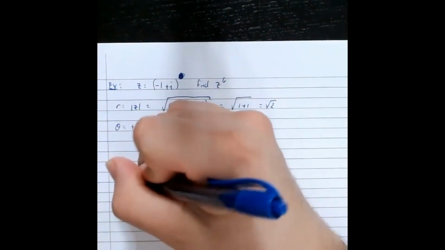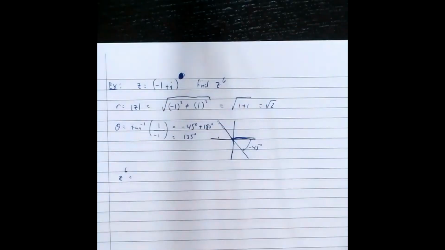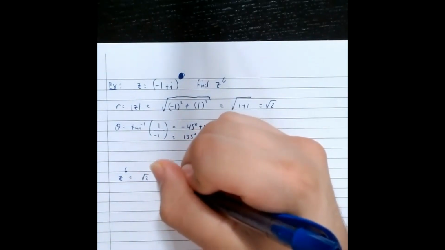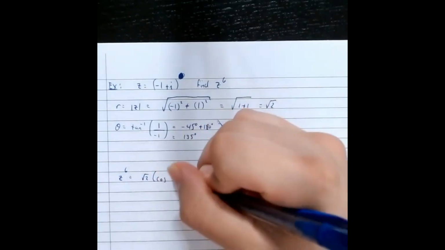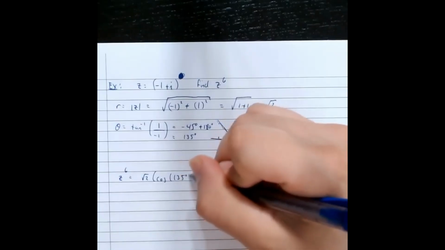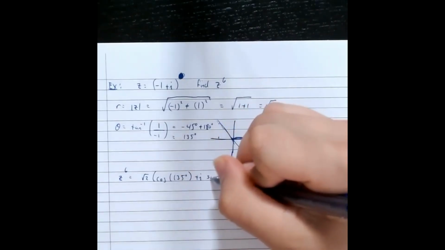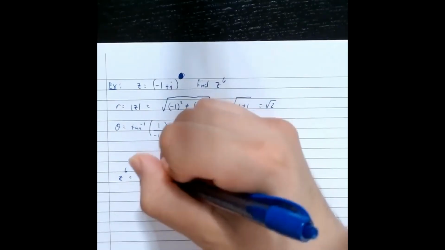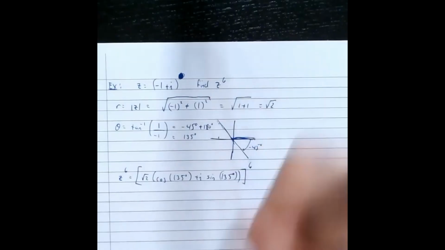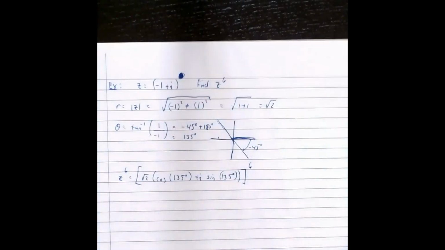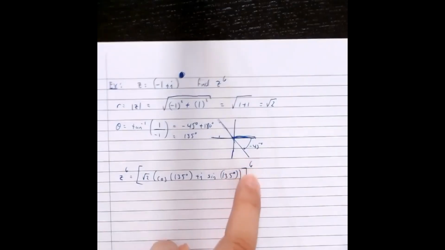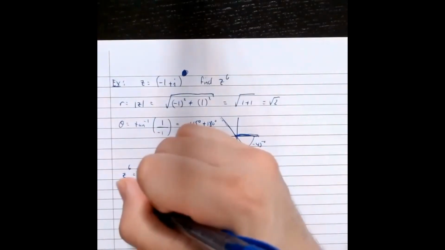So here, when we say we want z to the sixth power, that means we want the square root of 2 times the cosine of 135 degrees plus I sine of 135 degrees, and that we want to raise to the sixth power. But now, even though this takes a little bit of work to find the modulus and the argument, because of de Moivre's theorem, this last step is very short and simple.